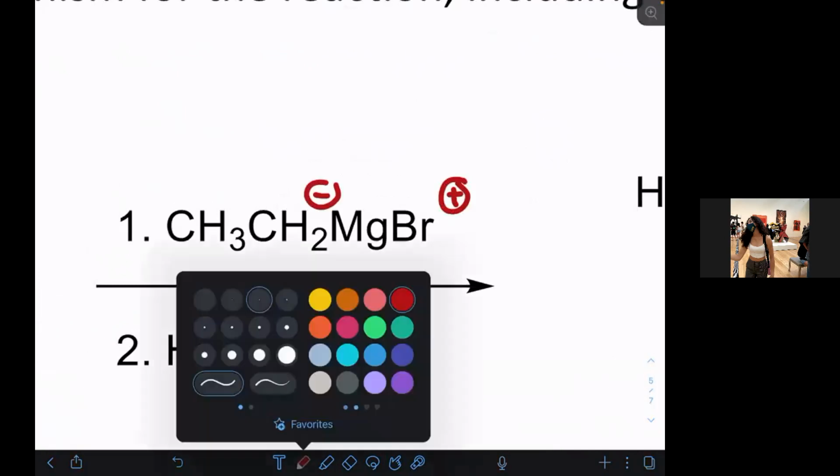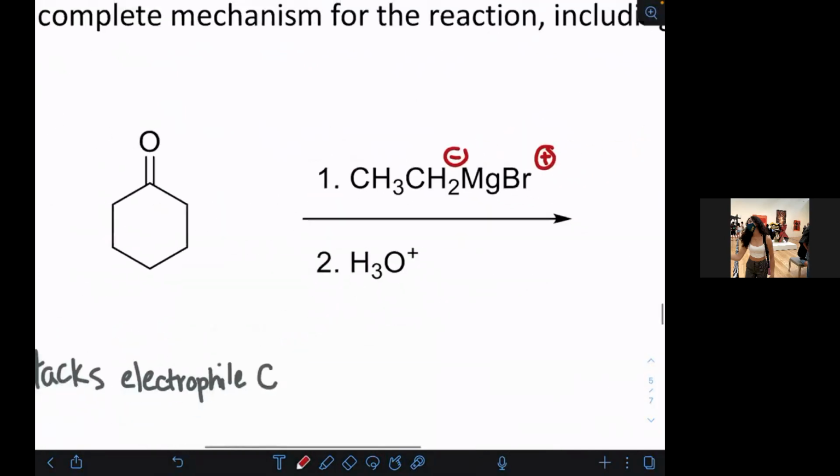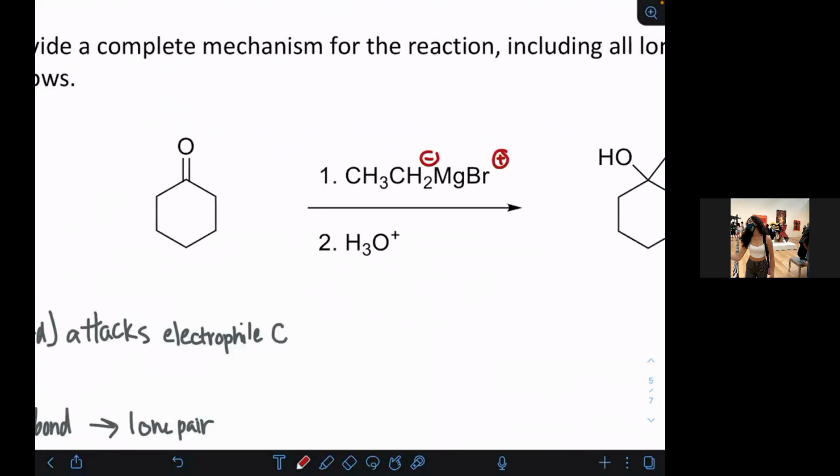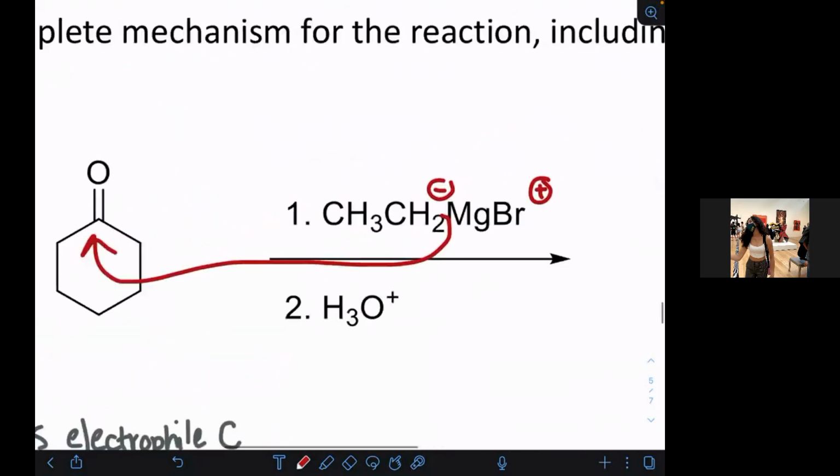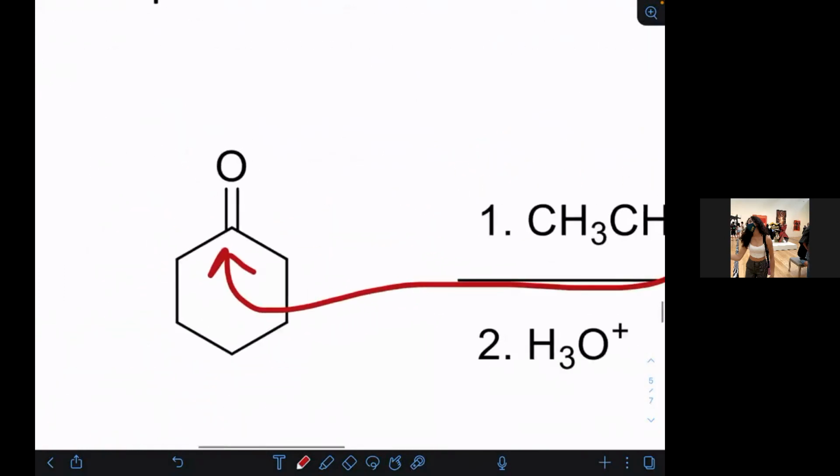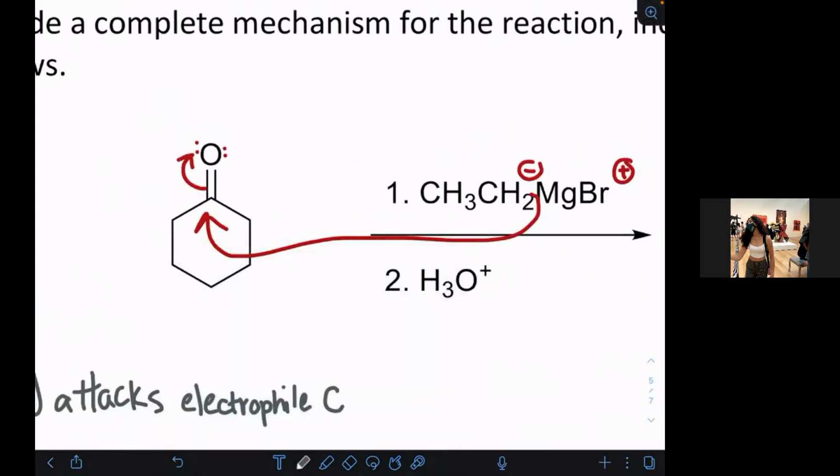And then it grabs from here, and then it kicks off the double bond. So then the intermediate.